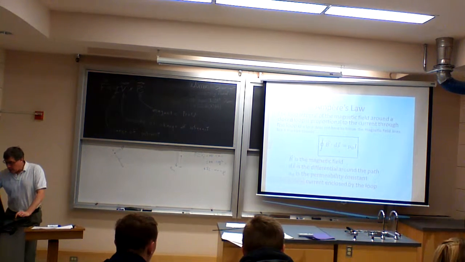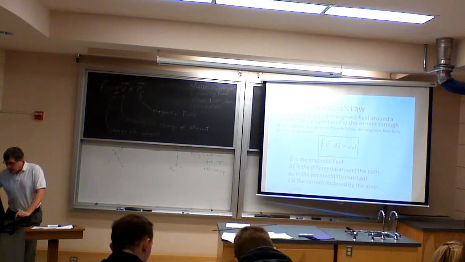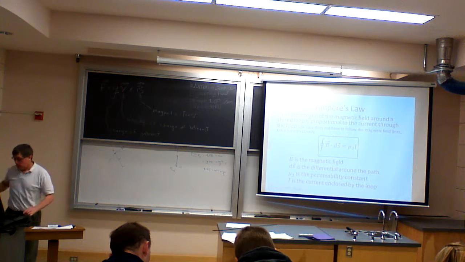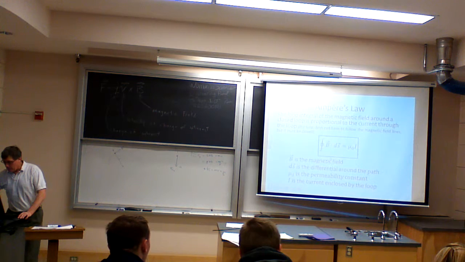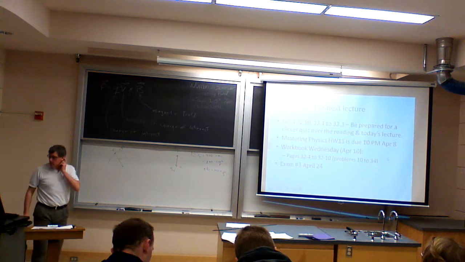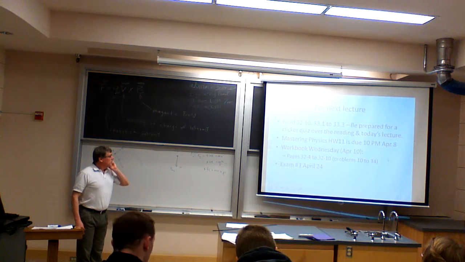B is the magnetic field, mu is the permeability constant, and I is the current that we enclose when we wrap around in our loop. And we'll expand on that.